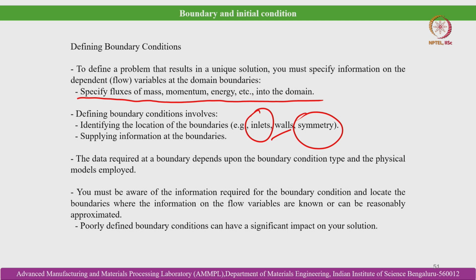Poorly defined boundary conditions can have a significant impact on the solution and can bring out erroneous results. So we need to be very careful about defining the boundary and the initial conditions to solve the flow physics and also the analogous heat and mass transfer problems.